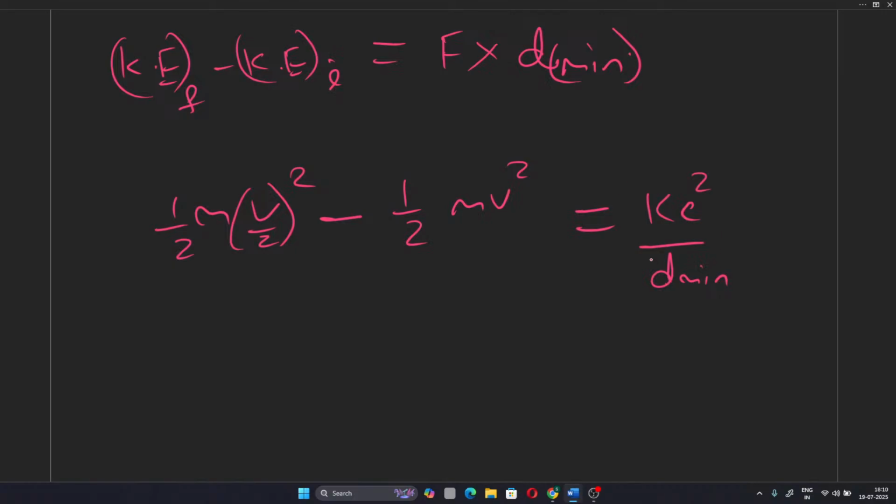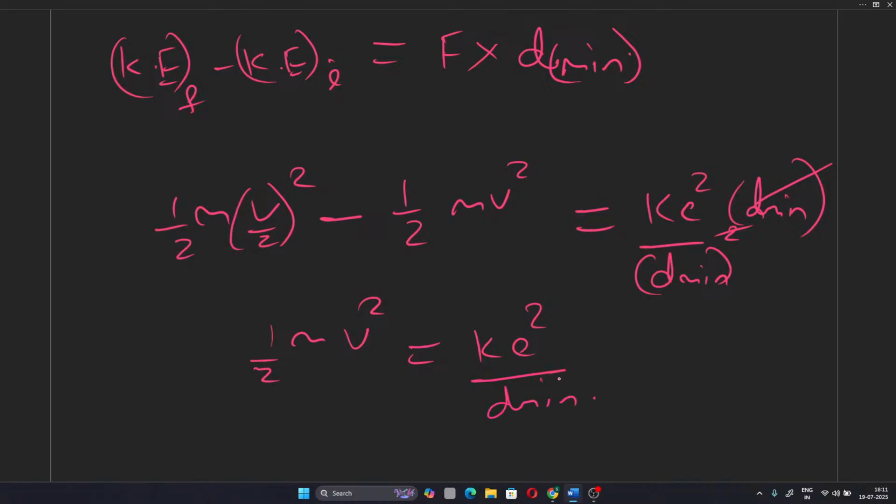Yes, okay, this is d minimum whole square. I keep forgetting this. I should always write the Coulomb's law formula. It is d square, so it is d minimum. Then we can write this as 1 by m v square equals k e square by d minimum.